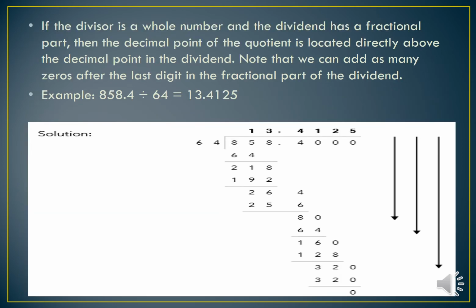If the divisor is a whole number and the dividend has a fractional part, then the decimal point of the quotient is located directly above the decimal point in the dividend. So we can add as many zeros after the last digit in the fractional part of the dividend.